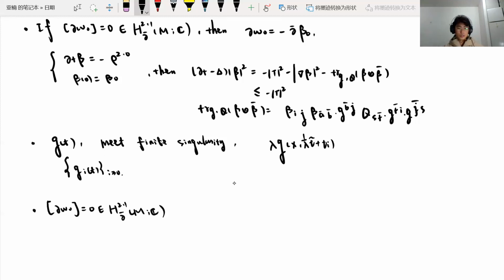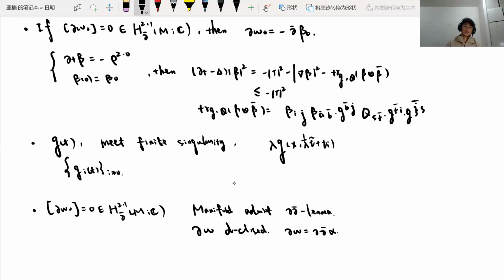For example, if the manifold has the ddbar lemma, then for any pluriclosed metric, since this is closed, using the ddbar lemma, we can find, since it is dbar exact, a zero part.